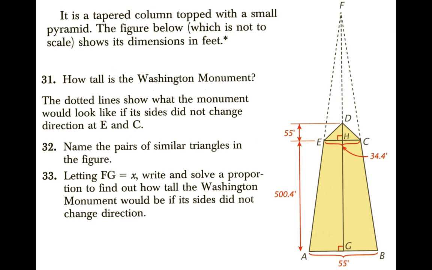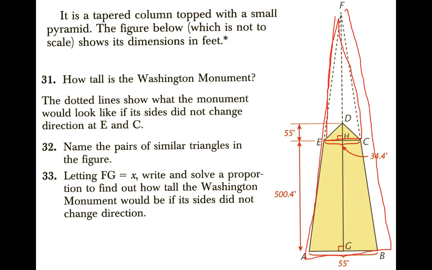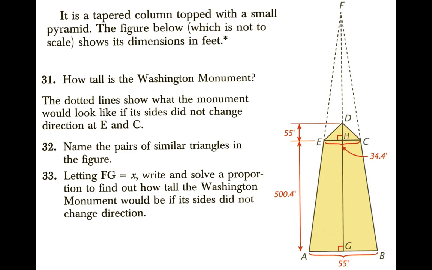If I thought it was triangle FEC, this top one, compared to the whole triangle, then I would find corresponding parts and set them in my ratio again. So that's what you need to do. Look for similar triangles and get their corresponding parts. Make a ratio. Solve it for x.